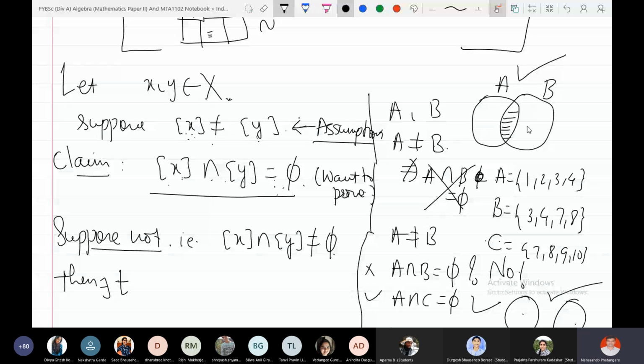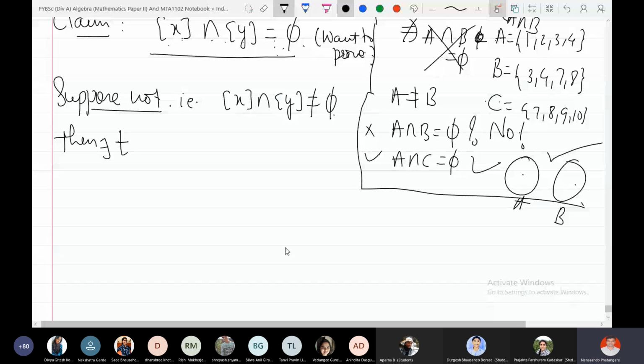Two classes have non-empty intersection means there is overlapping. It doesn't mean that the classes are the same right now, right? Two sets have a non-empty intersection, which is a part of A intersection B, but the sets are not equal. So we cannot directly say that the classes are equal, right?